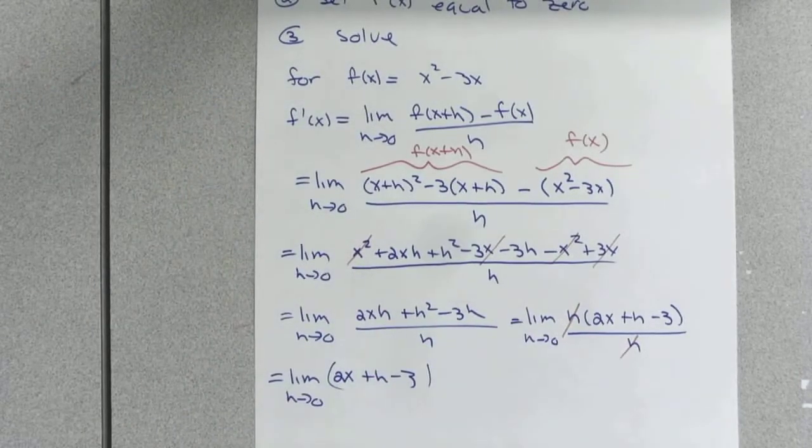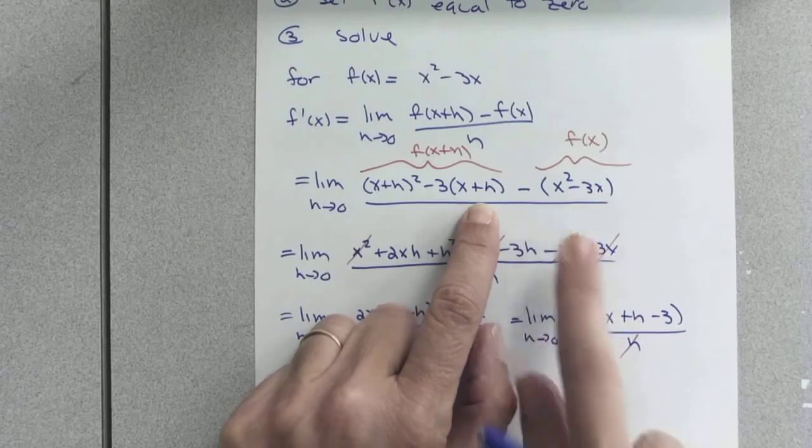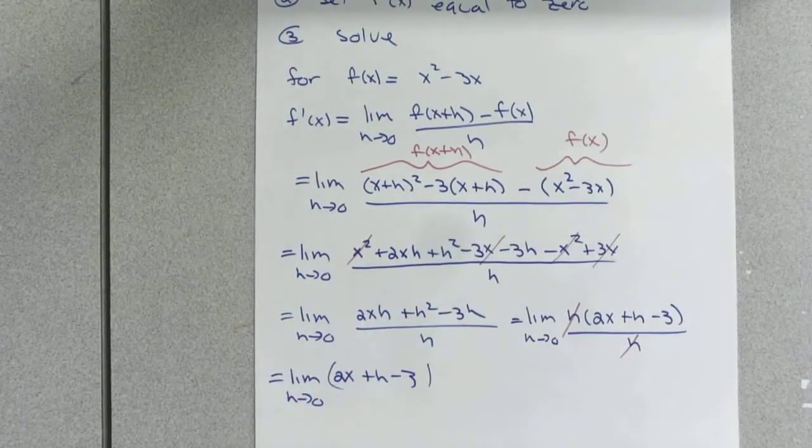And if you get to the point where you can't cancel the h, you did some sort of algebra wrong, probably it's missing parentheses. Check that. But if you can't find your mistake, and you can't legally cancel that h, you are better off to stop and write me a note saying, there must be something wrong, I can't cancel the h.